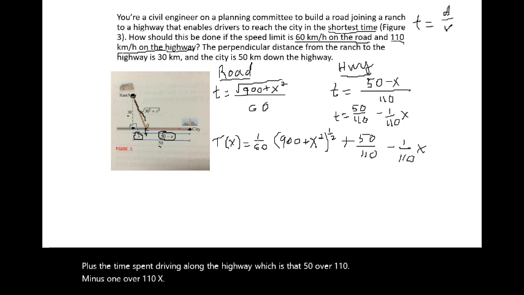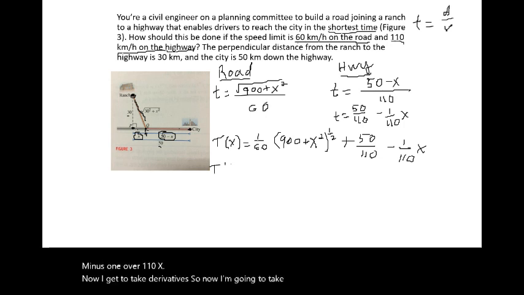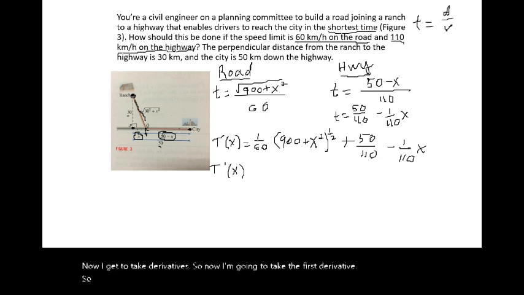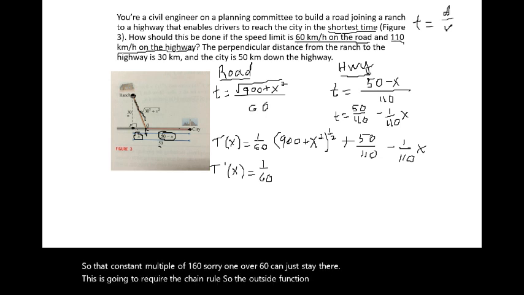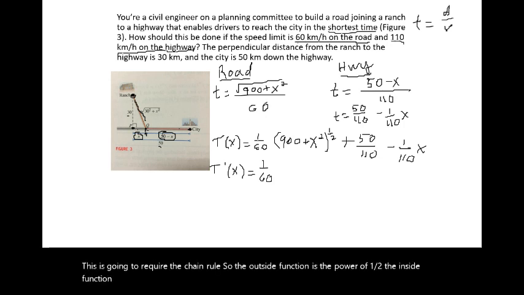Now I get to take derivatives. So now I'm going to take the first derivative. That constant multiple of 1 over 60 can just stay there. This is going to require the chain rule. So the outside function is the power of 1/2. The inside function is 900 plus x squared.